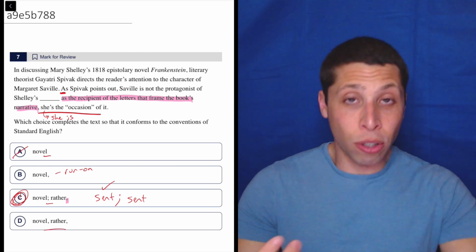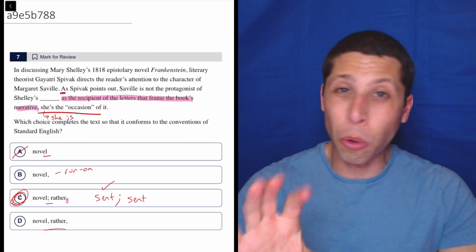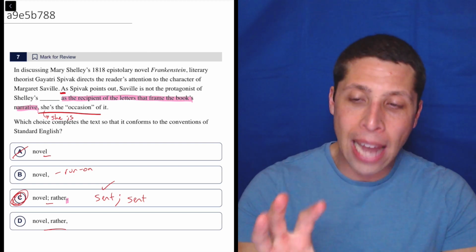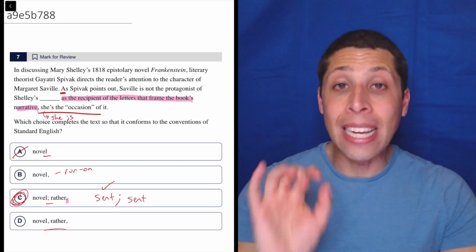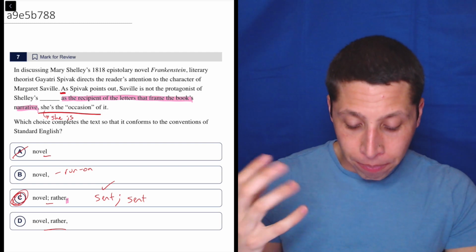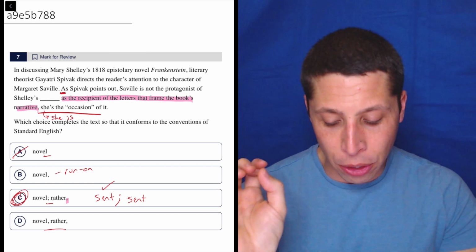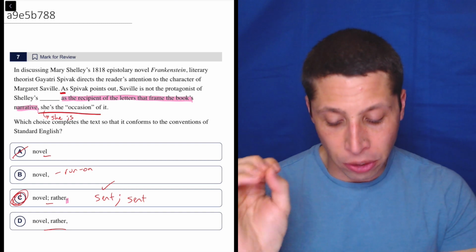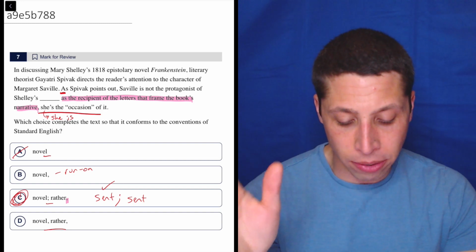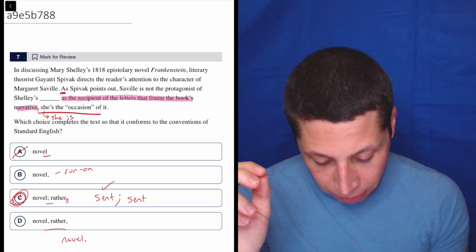And then D is tricky because this is a legitimate way sometimes to insert the word rather into a sentence. It can happen. It's mostly when we're going to be interrupting a sentence with the word rather. So I'm going to change it a little bit to show you how we would do it. Basically, we would have the first sentence written as is. As Spivak points out, Sayville is not the protagonist of Shelley's novel. Okay, so novel and then period.